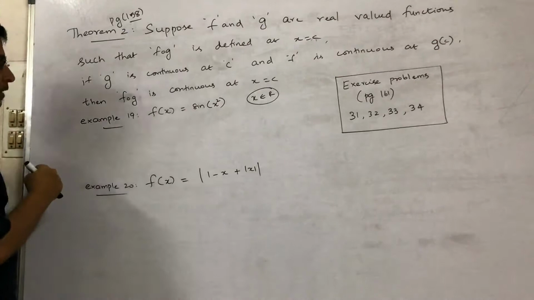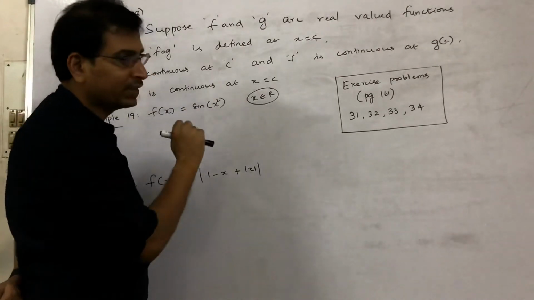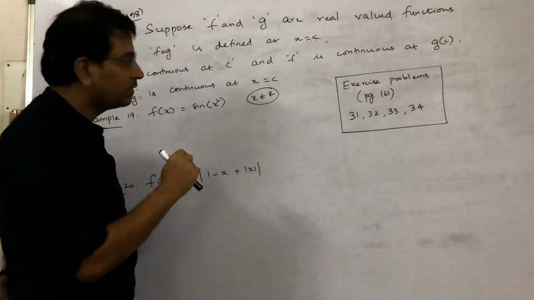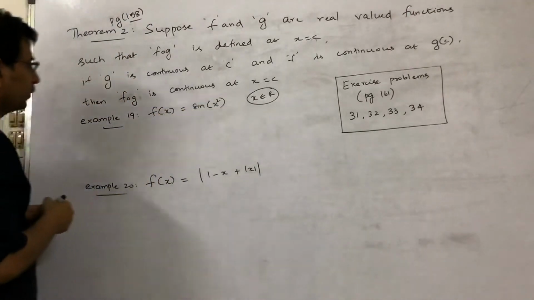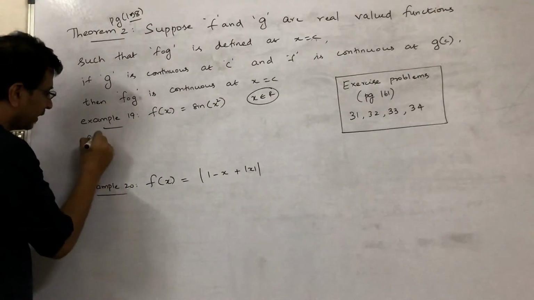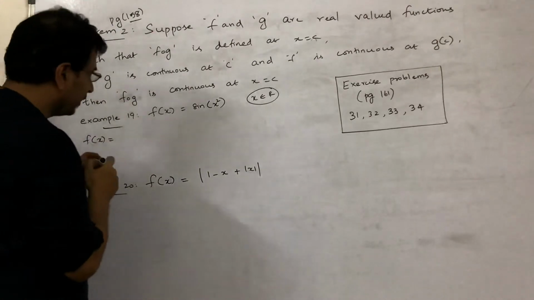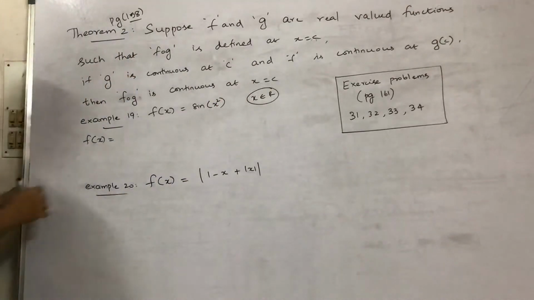Till now we were concentrating on sine x. Here the function is not sine x, rather it is sine x square, which means it is a composite function. So how did you get the sine x square? Don't get confused.